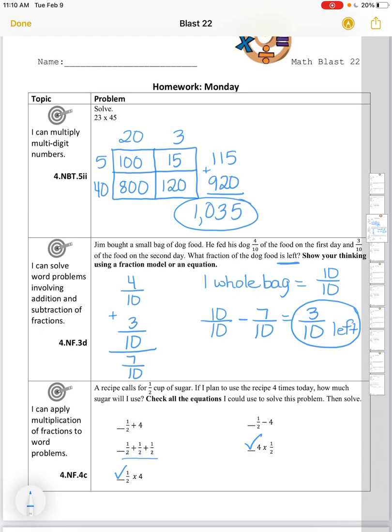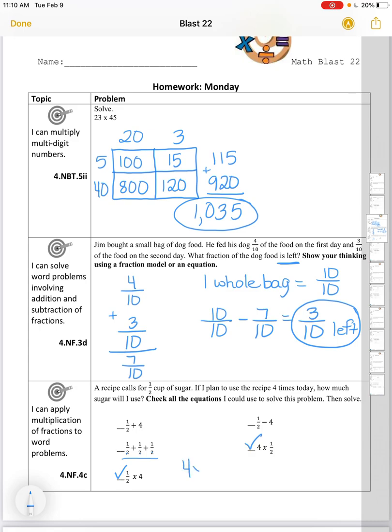1/2 plus 4 is not the same as taking 1/2 and copying it 4 times, and 1/2 minus 4 is not the same thing either. So the only 2 that we're going to check are the multiplication expressions 1/2 times 4 and 4 times 1/2. Now we can solve that.